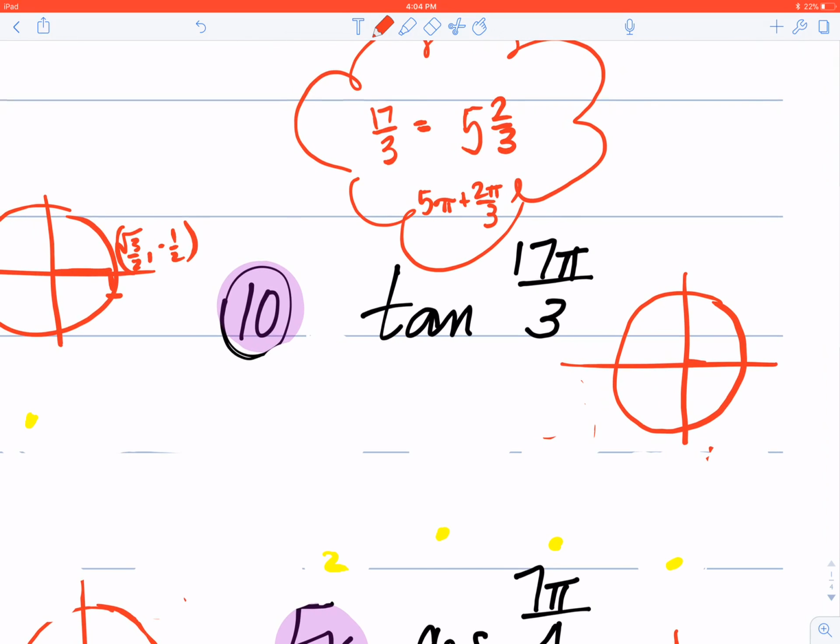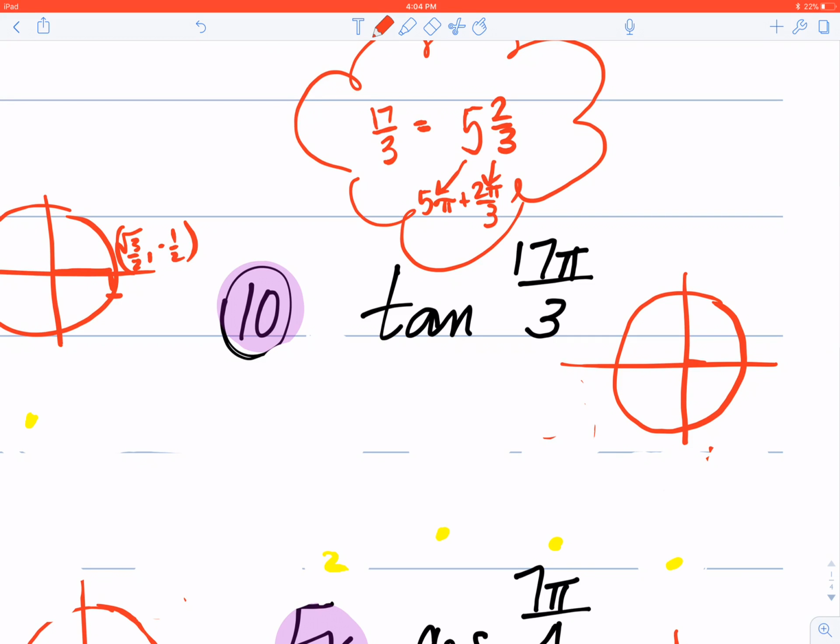Number 10, the problem with 17 pi over 3 is that it's not on our unit circle, and so we have to go through a little bit of thinking to figure out where this is. 17/3 is the same thing in 3rd grade math as 5 and 2/3. Literally, this is 5 whole pies and 2 more thirds of a pie.